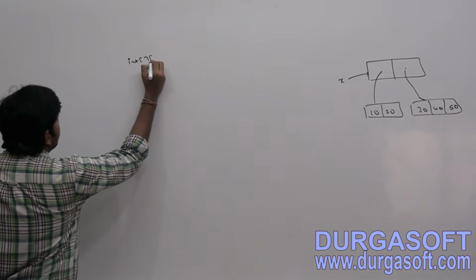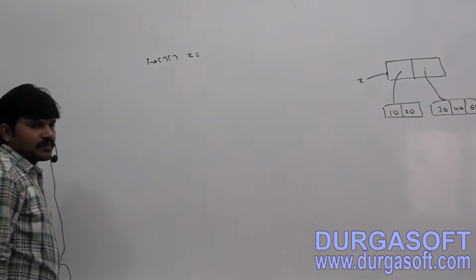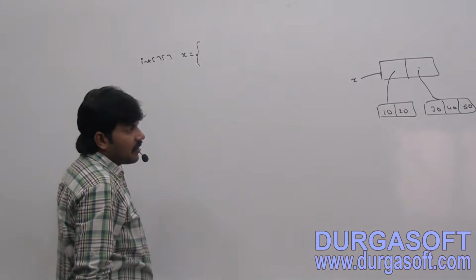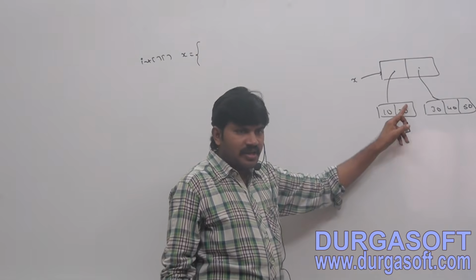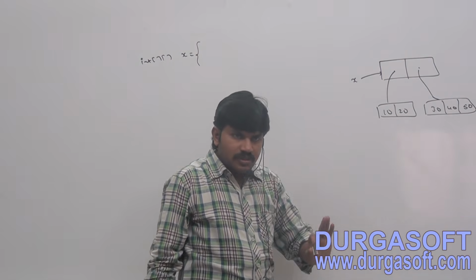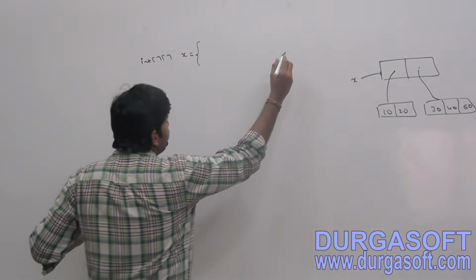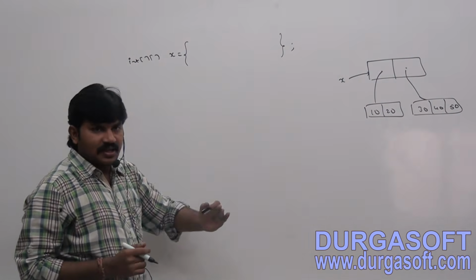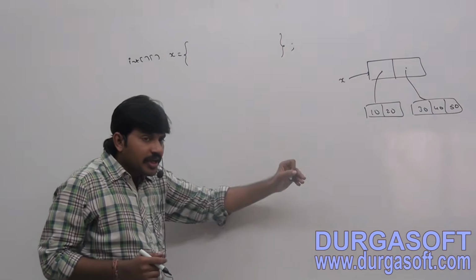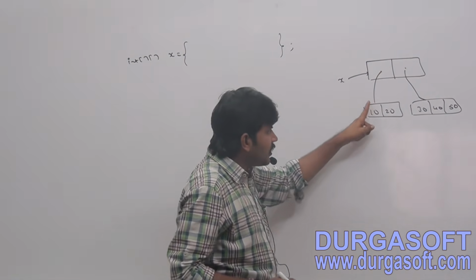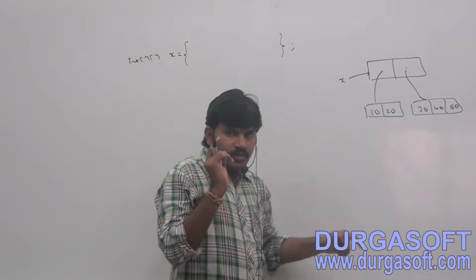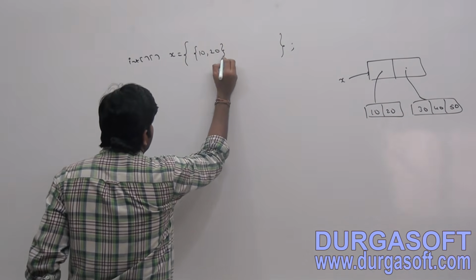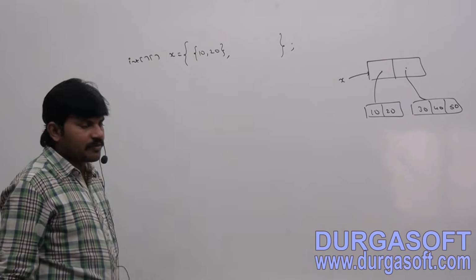Now int array x is equal to this. Have you observed, is it a 2-dimensional array or not? Array of arrays, 2 dimension. Basically a 2-dimensional array is also 1 dimension only, internally an array of arrays, where the first element is a 1-dimensional array with how many values? 2 values, that's why 10, 20.